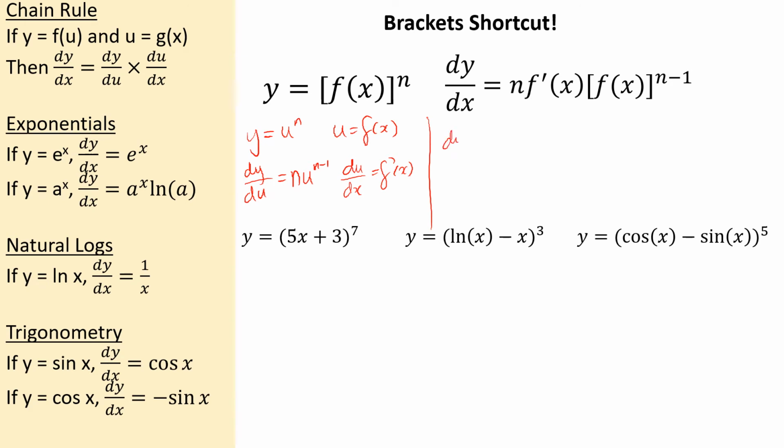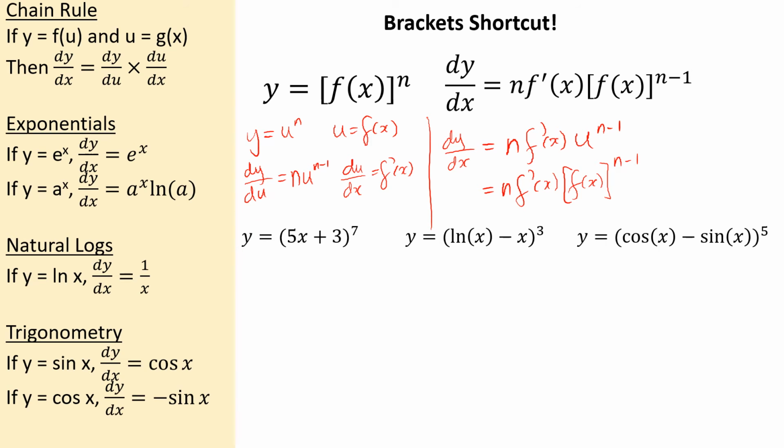Putting that all together, multiplying those together for our dy dx, would give us n from the dy du, f dash x from the du dx, u to the n minus 1, and then we can obviously just swap in the fact that u is equal to f of x. There we go. So it does work.